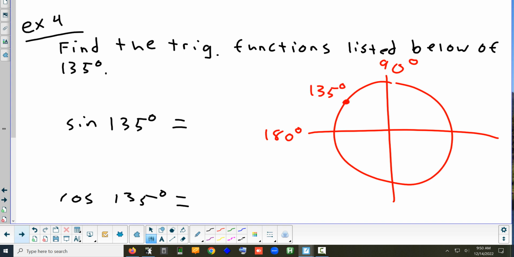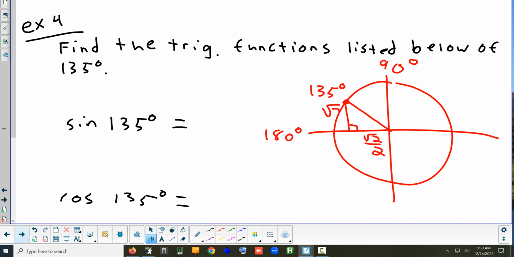135. Draw your triangle. What is the length of each side of the triangle when it's right in the middle? Both sides are going to be the same. And what's the number? Is it square root of 2 over 2?